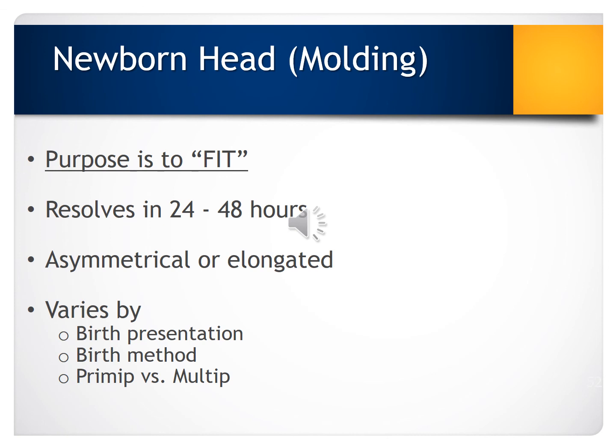Again, the type or severity of the molding depends on how long the mother was in labor, the position of the baby, etc. And birthing method: if a woman has had a cesarean section without any labor, like a repeat C-section, there may not be any molding because there was no labor and the fetus was not descending down, so the newborn head may not have this cone or asymmetrical looking shape.